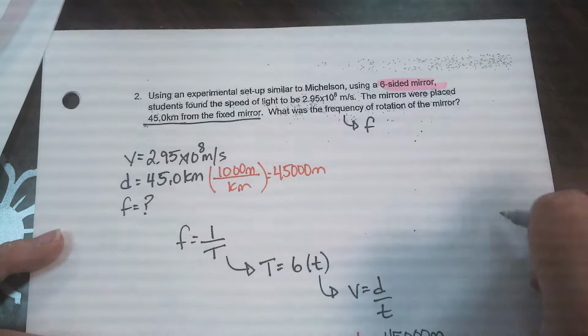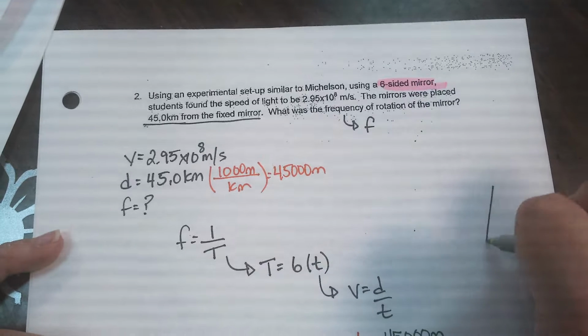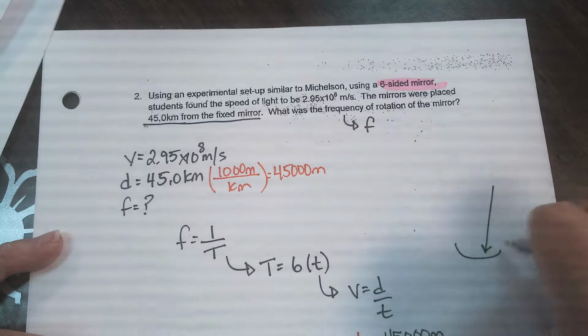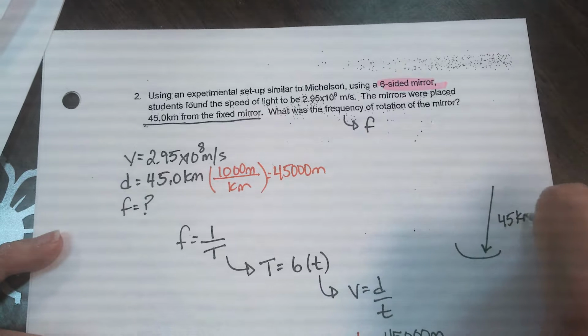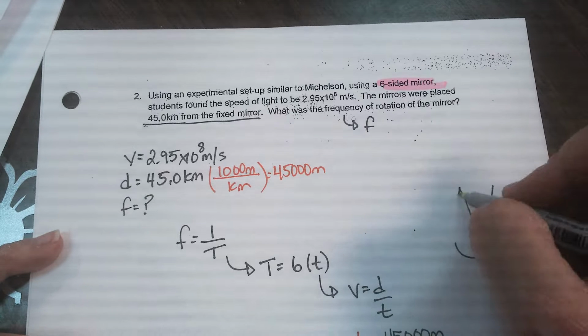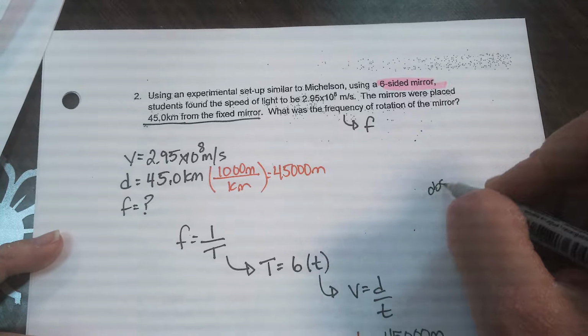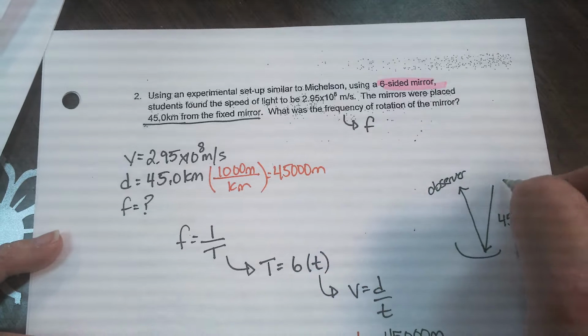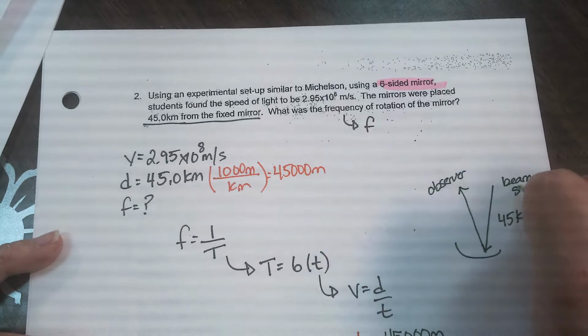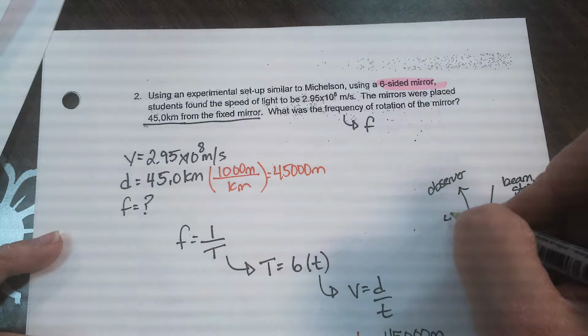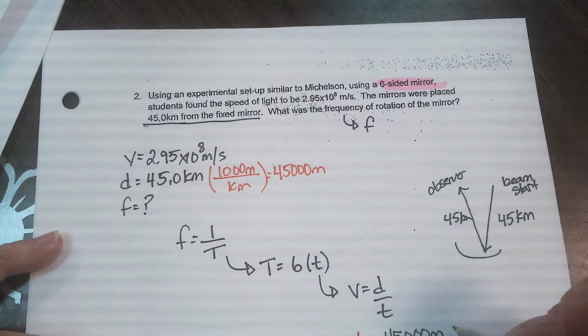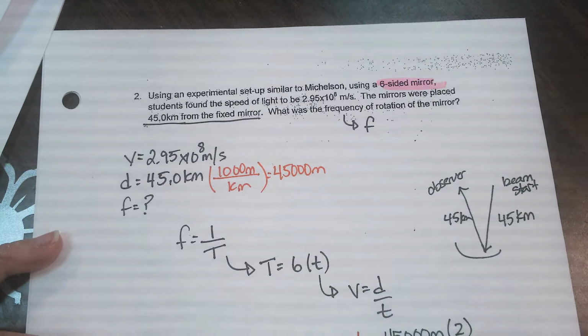And remember, that's 45 kilometers to the fixed mirror, and it's 45 kilometers back out to the observer. So you're going to multiply that by 2.